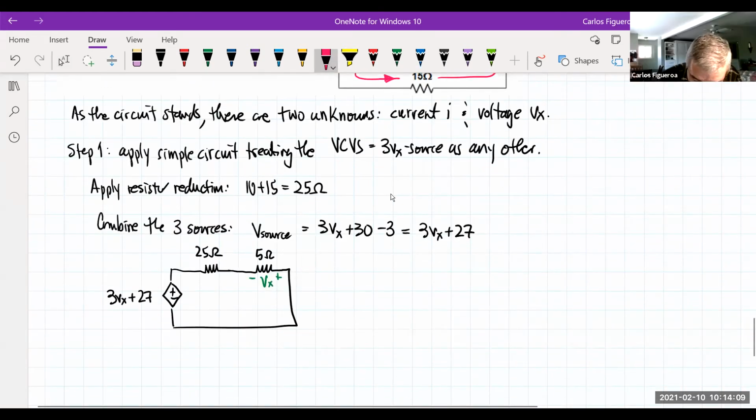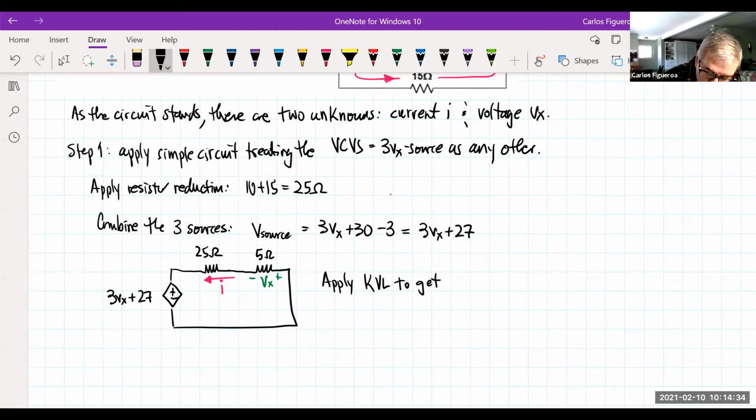And then the color that we talked about here is that this was our direction of our assumed current right here. So what I'm going to do now is apply KVL, because I have that dependent source. If I put in my polarities, if the current is coming through the 25 ohm, that has to be plus and minus.